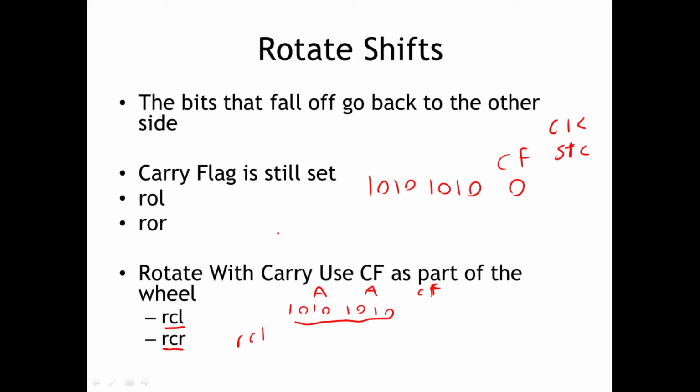And just like the previous rotate, the only thing that we add in now is the fact that we use this carry flag, right? So if we rotate it to the right, we would rotate the 0 around, so that would become a 0 here, and everything would shift into that carry position, right? And so we would just rotate using the carry flag in kind of a wheel or circular fashion, whether you're doing it to the right or to the left.